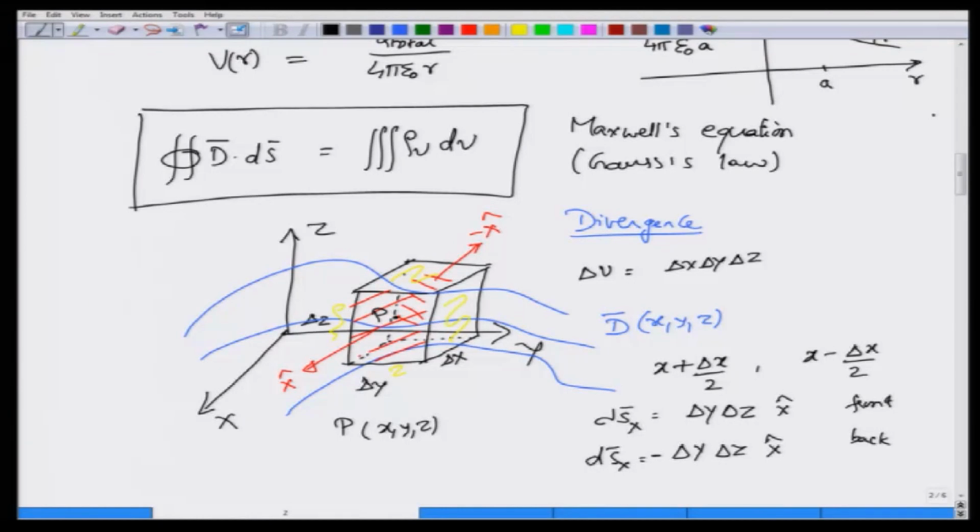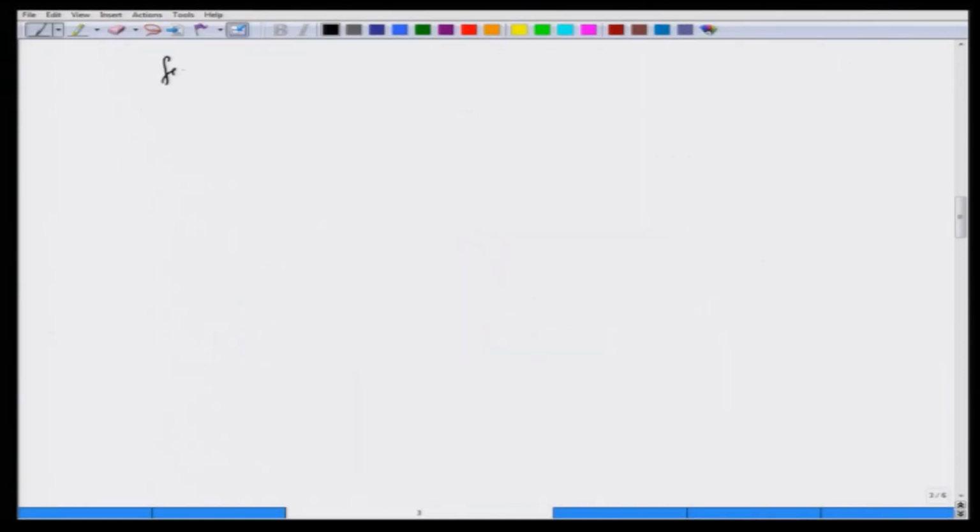Okay. The corresponding value of the D field in the front surface, we will assume it to be constant, and the value of D field can vary with respect to y and z. Okay. It can also vary with respect to x, but we are going to assume that on this surface D is constant and you are only looking at the x component.